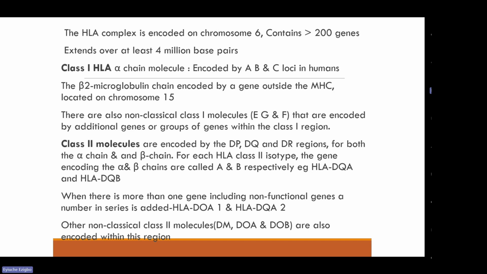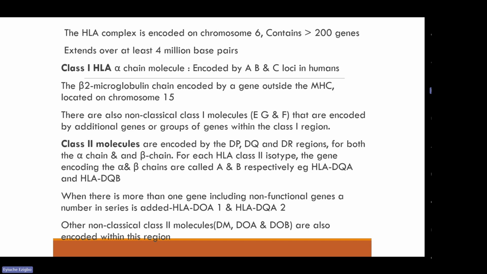We are to note that it is located on chromosome 15 and not 6 like the MHC molecule generally, encoded by a gene outside the MHC complex. It's good to note that, although it's part of the chain of the class 1 HLA complex, it is encoded by a different chromosome outside the MHC complex.